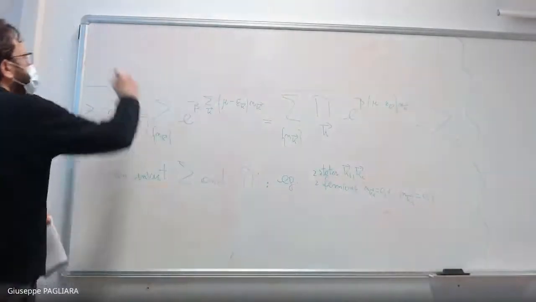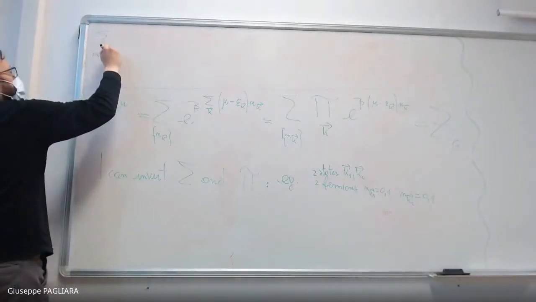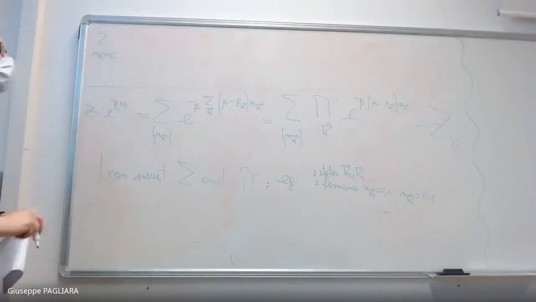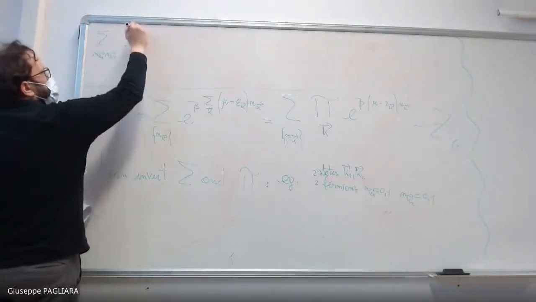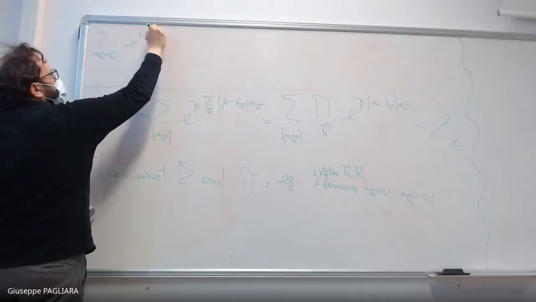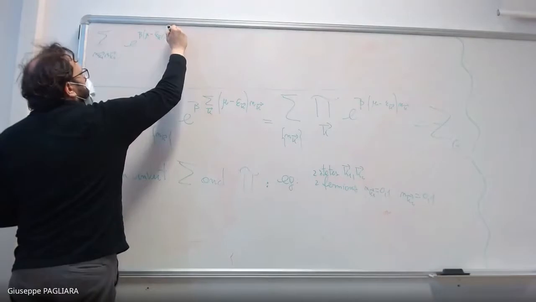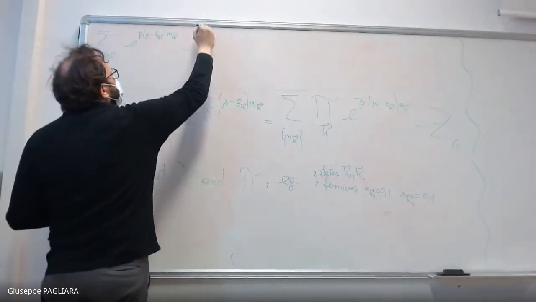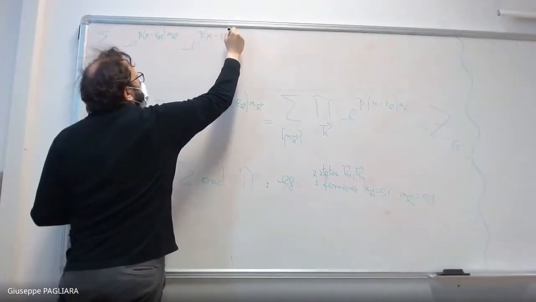I have a sum over nk1, nk2, and then I have the product over k, but k has two possible values, and therefore I have two exponentials, which are the following: e to the beta mu minus epsilon k1 times nk1, and the exponential e to beta mu minus epsilon k2 times nk2.